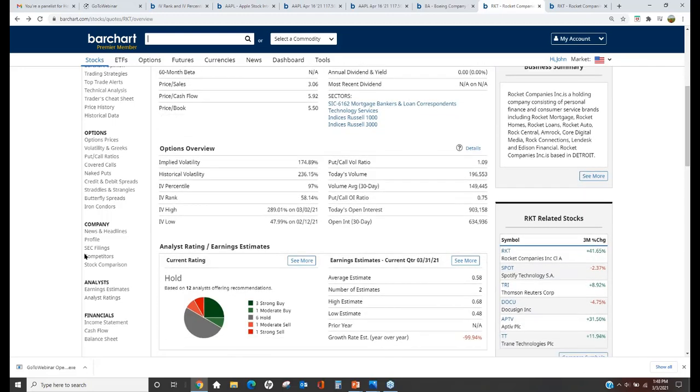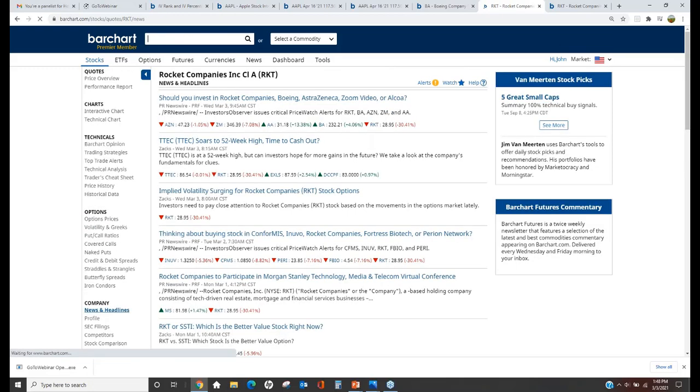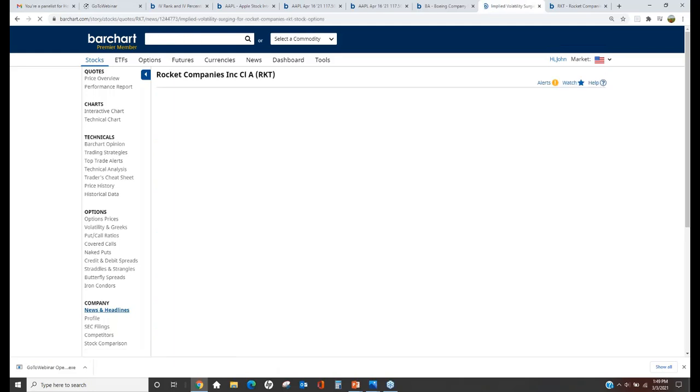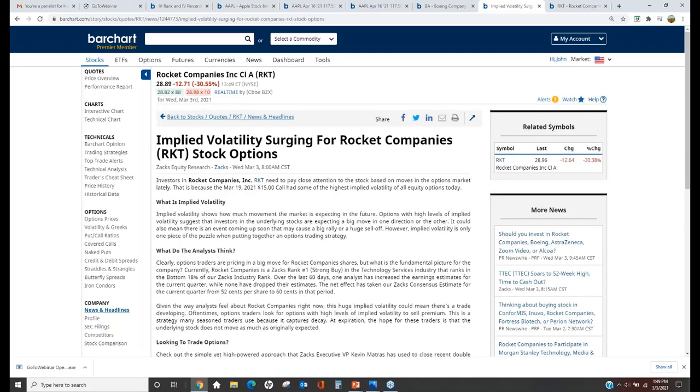And one of the cool things is you can go down here and look under news, and in here you might find some news story that could lead you to finding out why that price jumped up. And it could just be out of the ordinary, or maybe some unusual options activity. We would look in there. But there is an article here that says implied volatility surges for Rocket Companies. And I thought this was kind of cool. This is really an article basically talking about the things that we're talking about today.